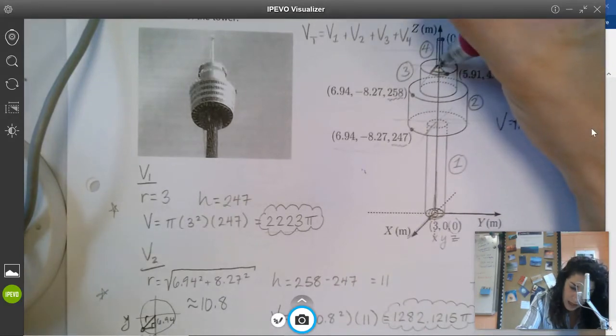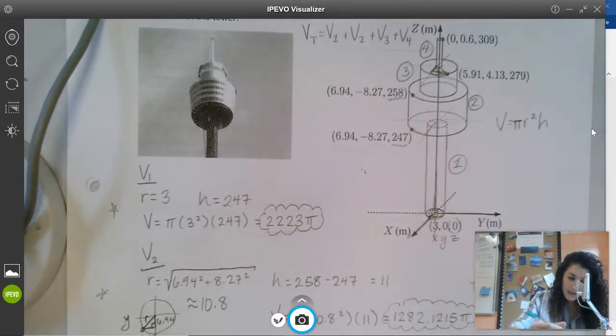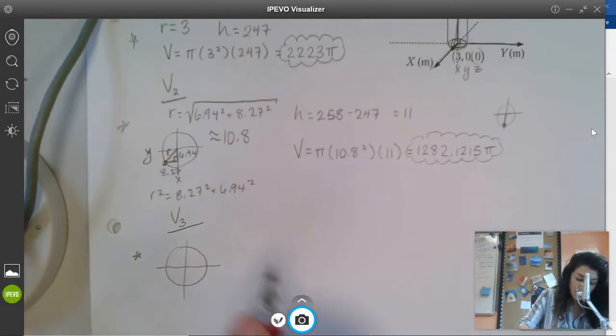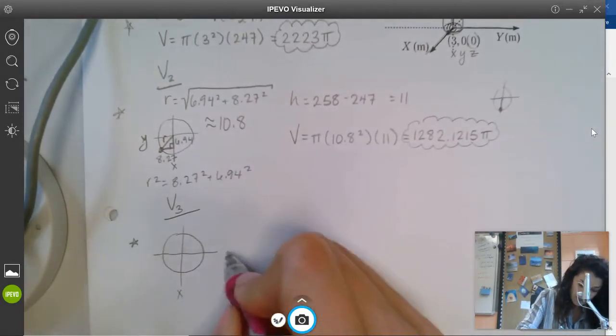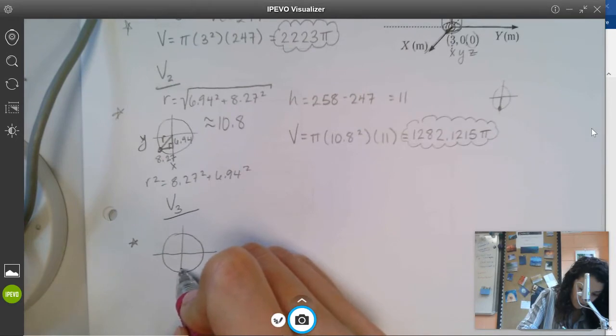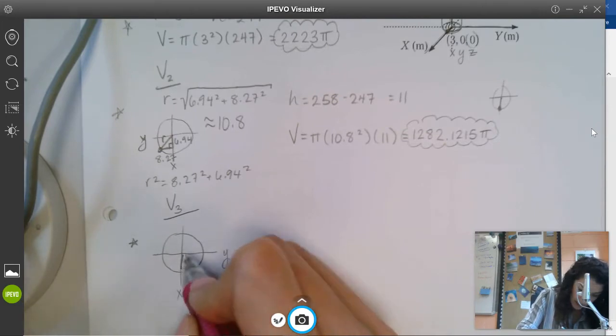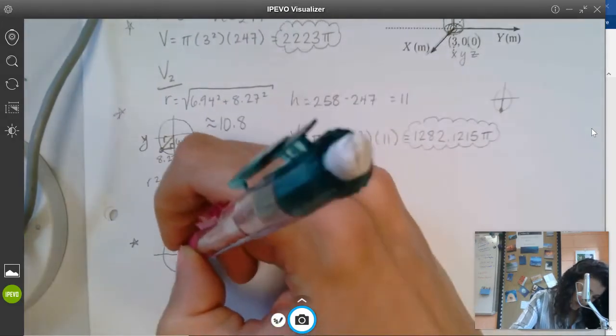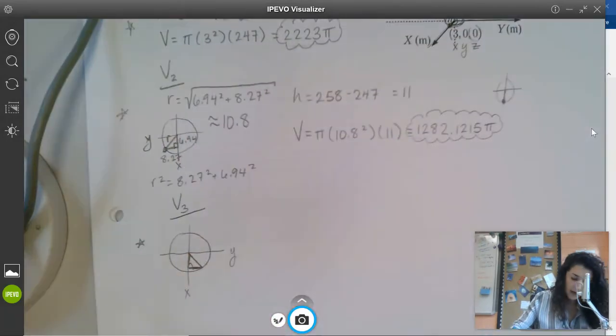And so then the radius will be the right triangle that comes out of that. So I can redraw that: we did X, Y, we did 5.91 in this direction, and then 4.13 in that direction.